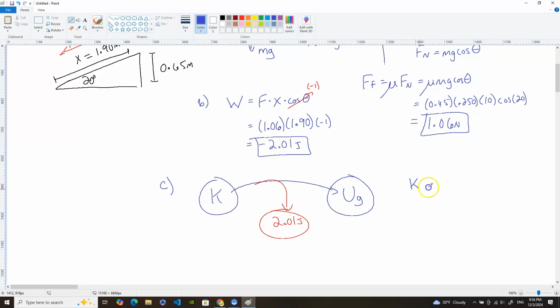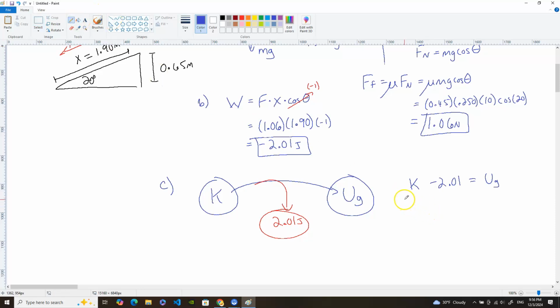Depends on how you want to write this. You could say kinetic minus 2.01. So the kinetic energy minus the 2.01 friction takes away. Whatever's left over becomes potential. Or the kinetic energy manifests itself as 2.01 joules lost to friction and the potential. It really doesn't matter. Both of these equations are the same thing. So I'm just going to go with the one up top.